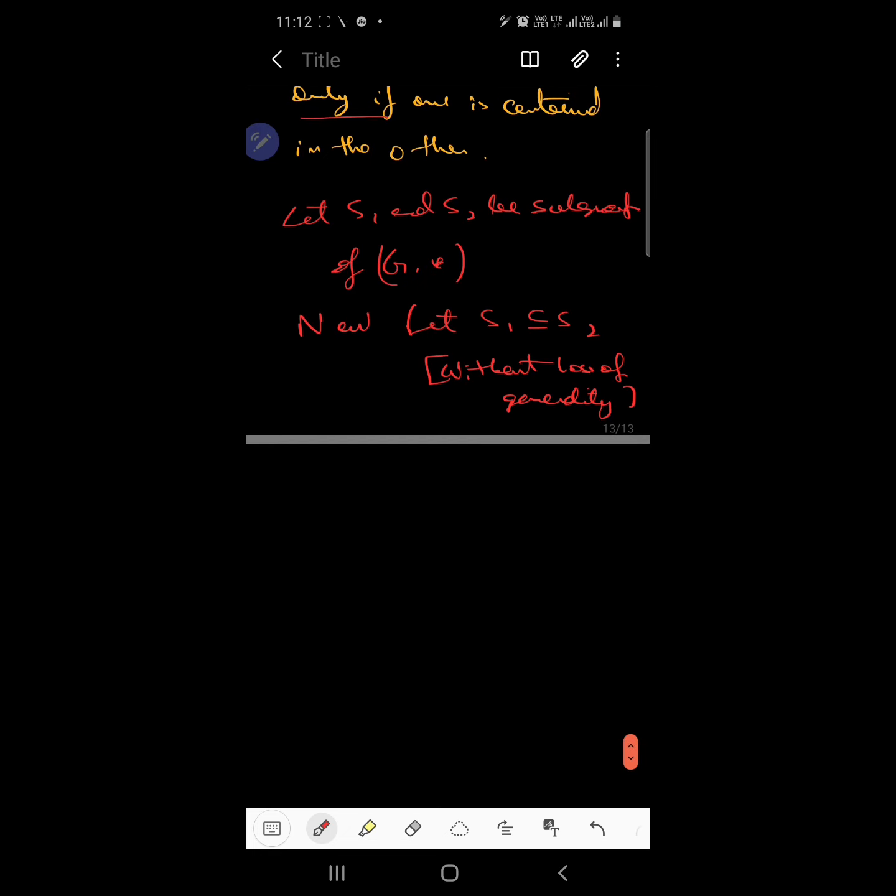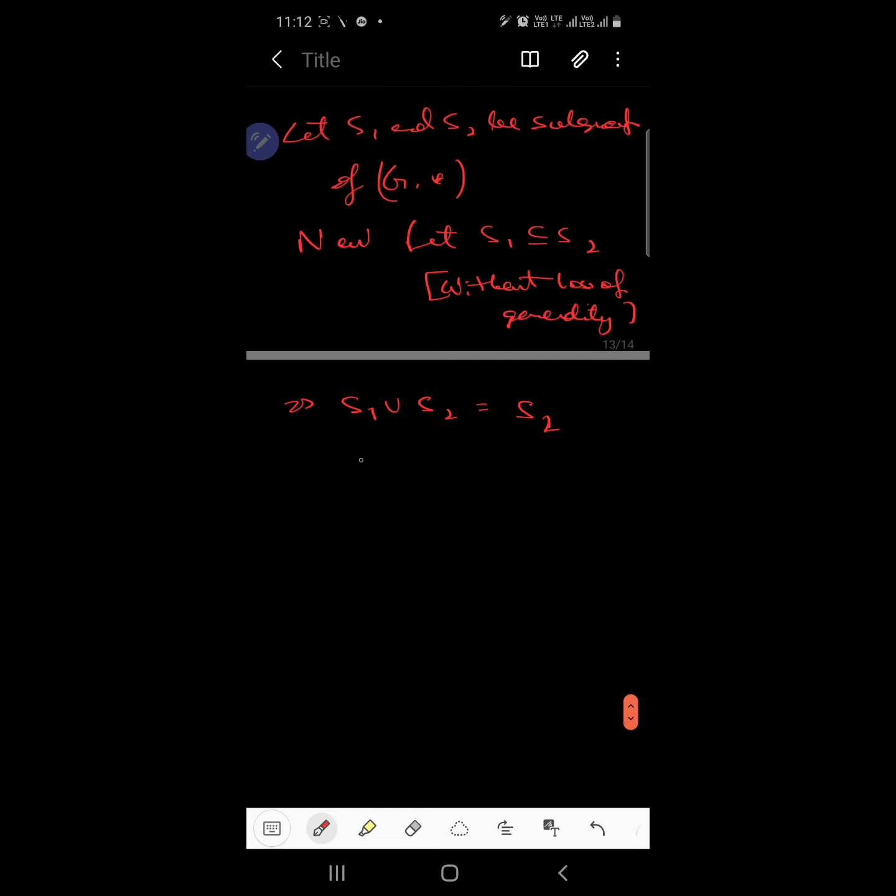Now that implies that S1 intersecting S2 is equal to S1, and S1 union S2 is equal to S2. Basically, S1 intersecting S2 will be S1 and S1 union S2 will be S2.